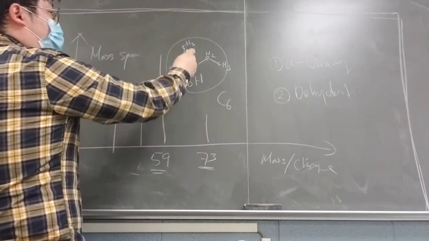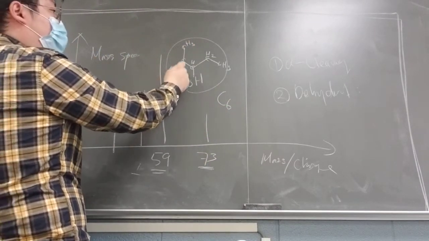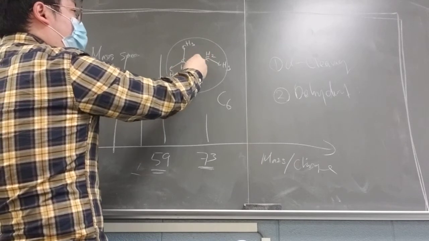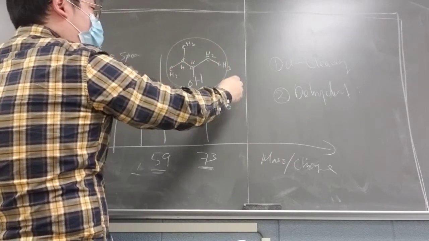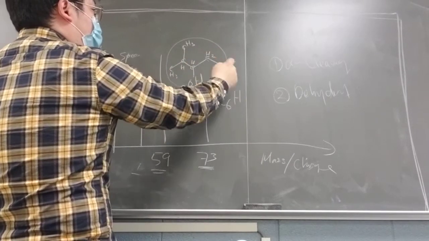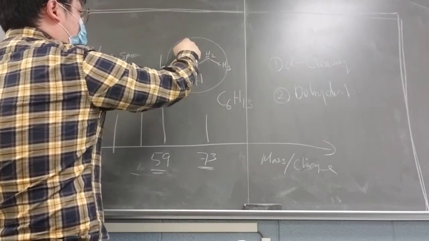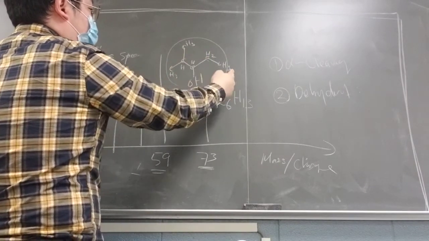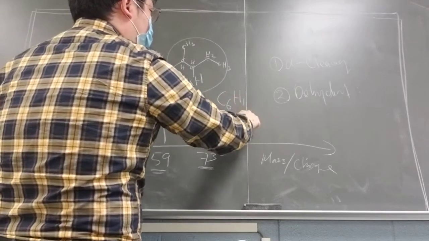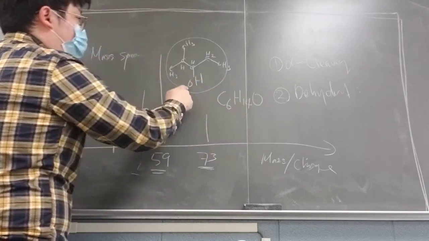Hydrogens, let me count: 6, 7, 8, 10, and 13. Oh no, there's one more here, so 14. We have one oxygen here too.